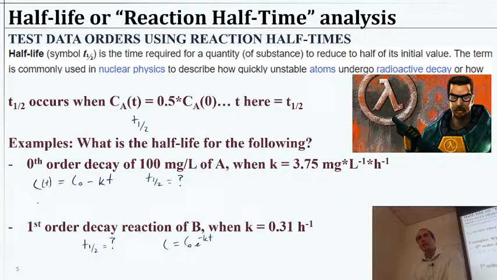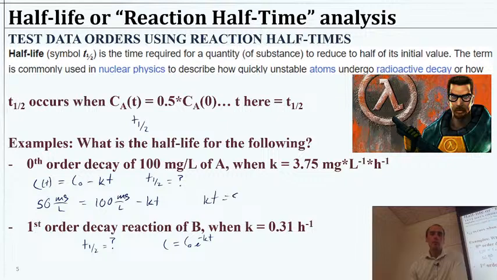So C at the half-life time should be 50. We can go ahead and write that as 50 equals 100 minus KT. So essentially we end up getting KT equal to 50.